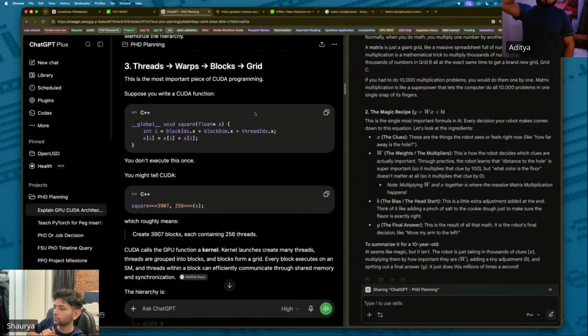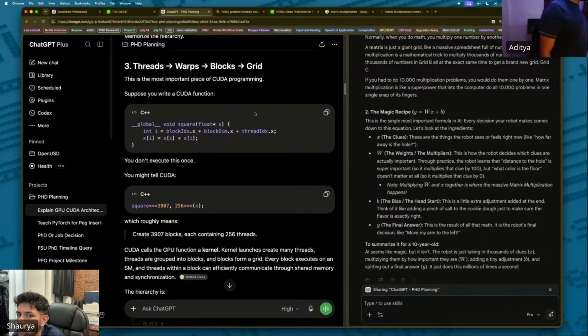CUDA is like a language in which you can tell the GPU how to use its threads and how to do matrix multiplication efficiently, using the least compute for the most efficient output, so that it trains faster. And that's why Nvidia is leading, though I guess Huawei is going to take over soon. Every other Nvidia GPU is leading in the enterprise industry because of their CUDA libraries.